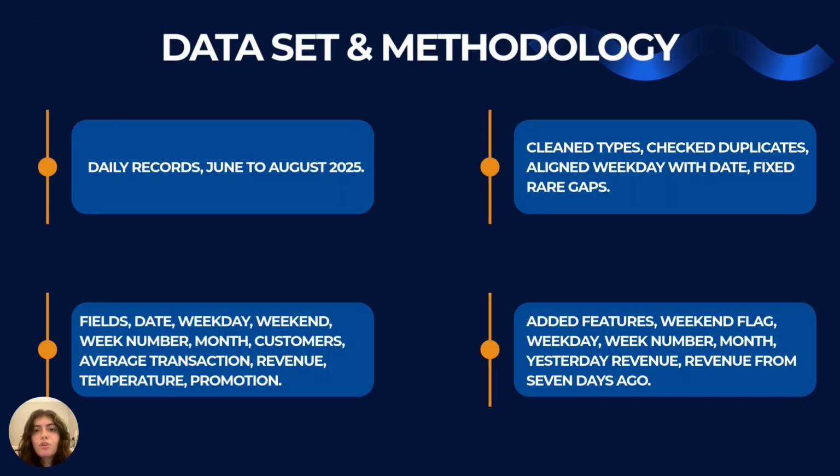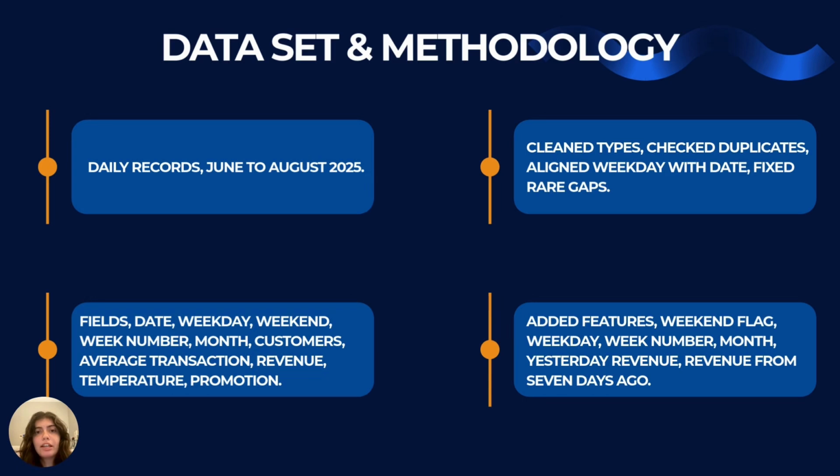So let's go over the data that we used to solve this. It covers 90 consecutive days of store operations, as I said, and the data is rich in operational features. It tracks daily customer count, average transaction value, temperature, and promotion status. Now, in terms of data preparation, we focus on engineering features that would help a model learn time-based patterns.